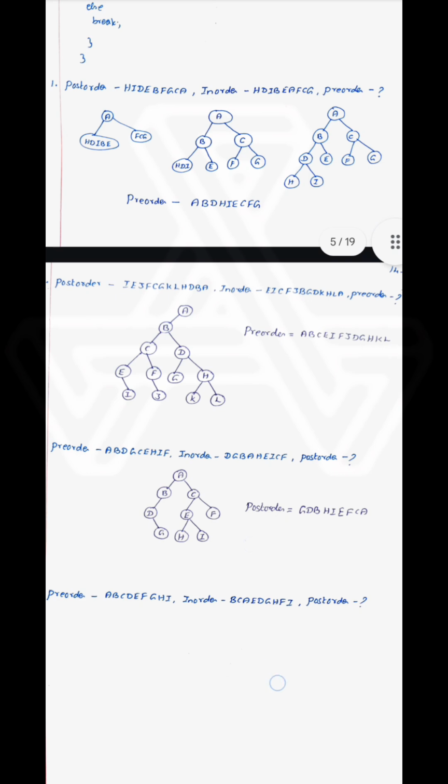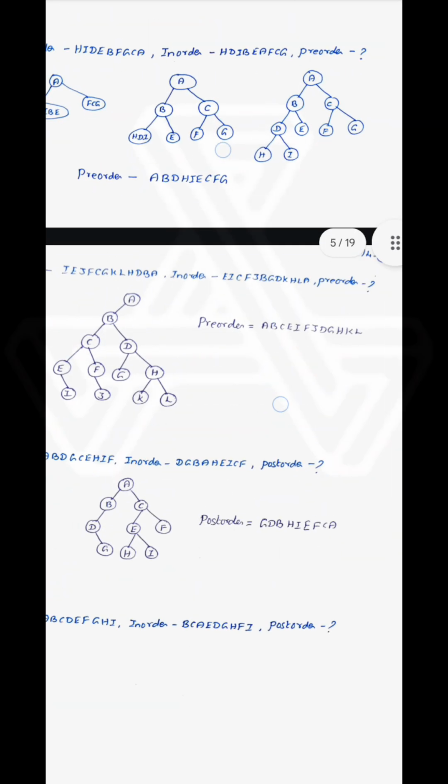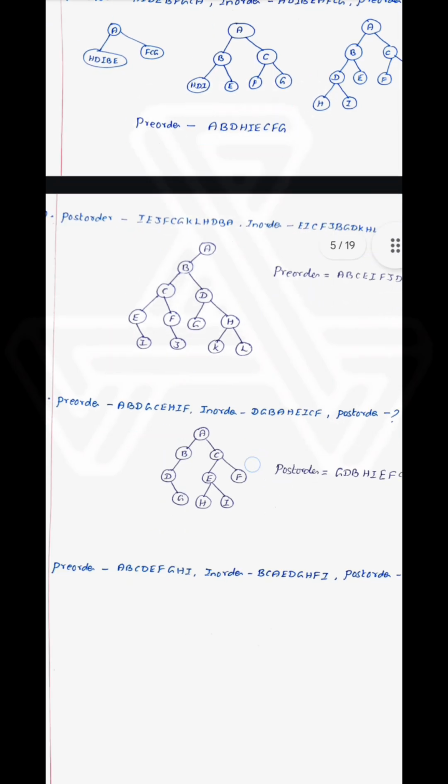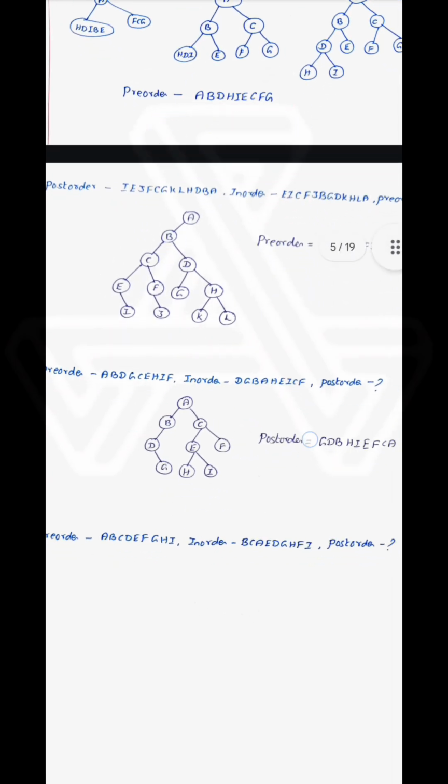Then they have given another post order expression, that is I, E, J, F, C, K, L, H, D, B, A, and in order will be like this. First we will consider in post order the root node will be at the last, so A will be the root node.